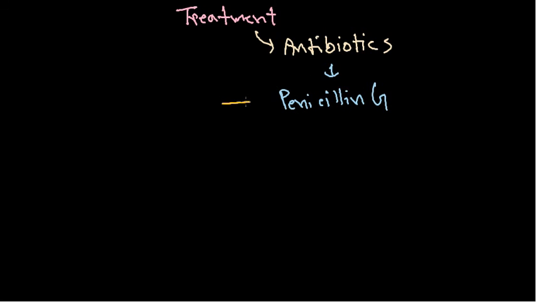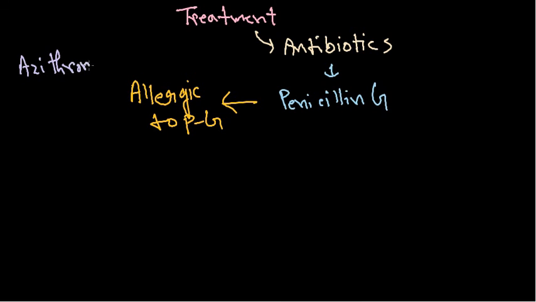Now, there are some people who are allergic to penicillin G. For those we can use macrolides such as azithromycin or clarithromycin as the antibiotic treatment.